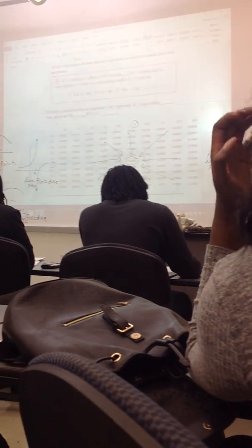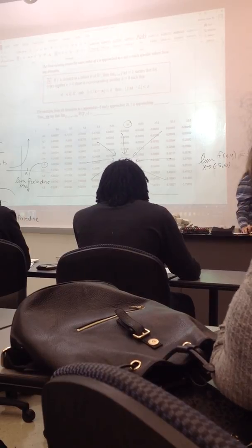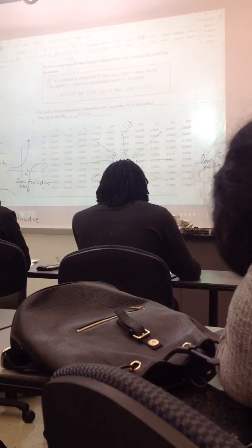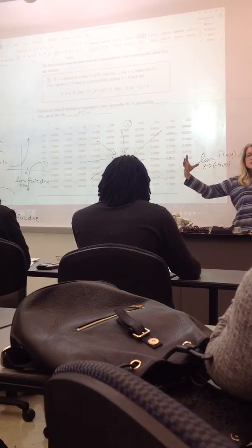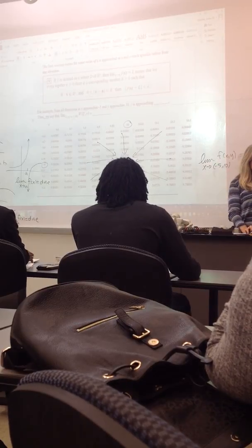So goofy things can happen and limits don't always exist, but the most important thing for you to know is that technically a limit exists if you check from all directions. Okay, so you're supposed to be checking from all directions.